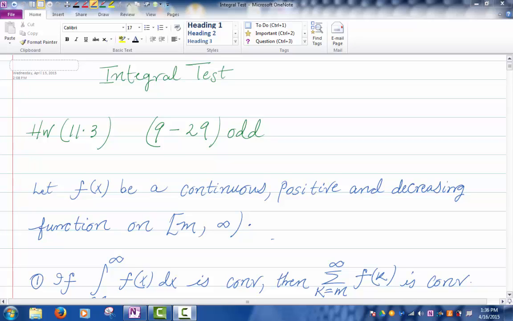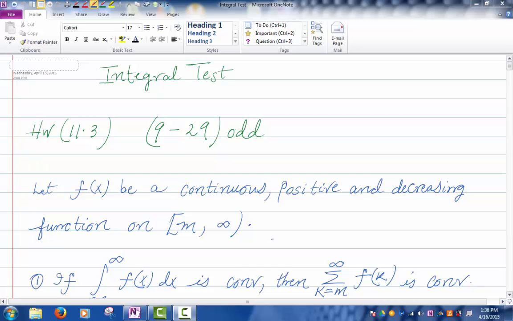A lot of the time, for a given series, you cannot find the exact sum, but you still need to know whether the series is convergent or divergent. And if the series is convergent, then you can approximate the sum of the series by just looking at, let's say, the first 100 terms. Am I making sense?